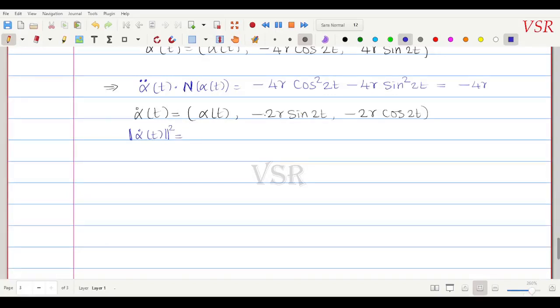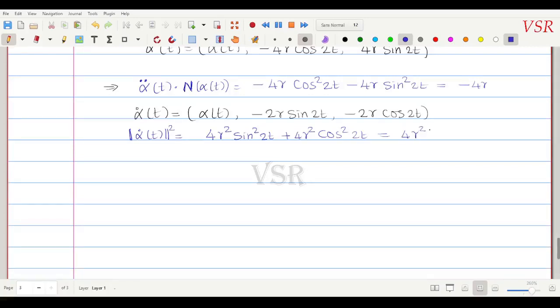அப்போ இதை ஸ்கொயர் பண்ணும்போது we will have this is 4r square sin square 2t plus 4r square cos square 2t. Okay, so this is equal to, again we will have 4r square.